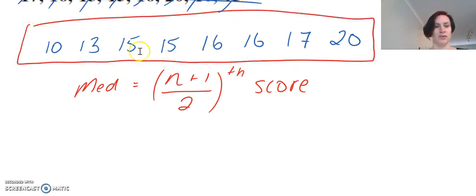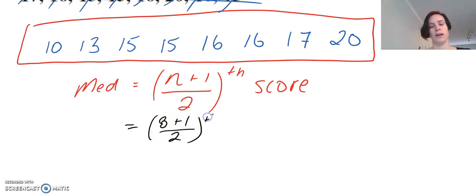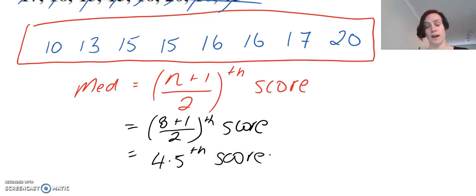That doesn't really make too much sense to us right now, but what we can do is figure out which number score it is in the line to figure out what the data value is. We know that there are 8 scores. We're going to add one, divide by 2, and that's the score it's going to be. So 8 plus 1 is 9, divided by 2 is our 4.5 score.